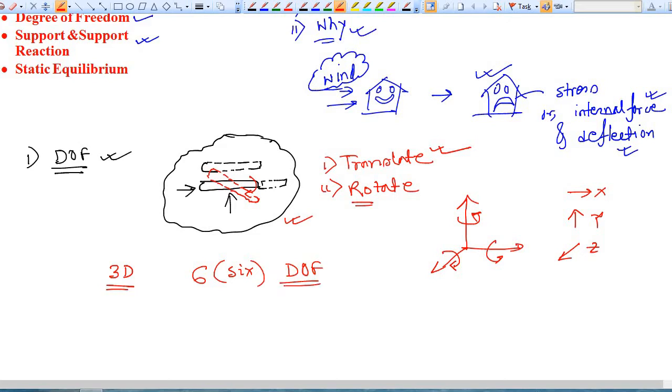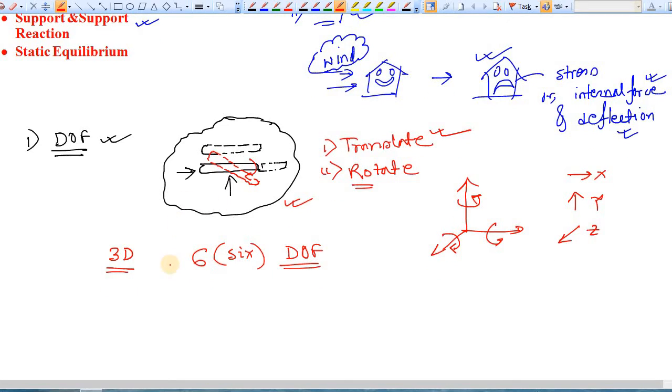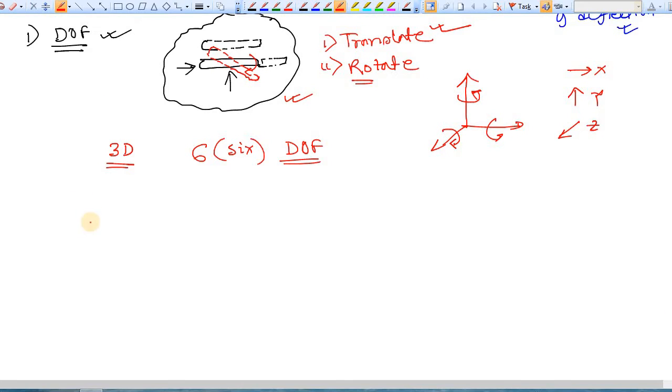Now it's clear to you what degree of freedom is. If I talk about a 2D system, of course there is no z-axis, so there is no translation along z. There is only rotation about z, and no rotation about y or x.